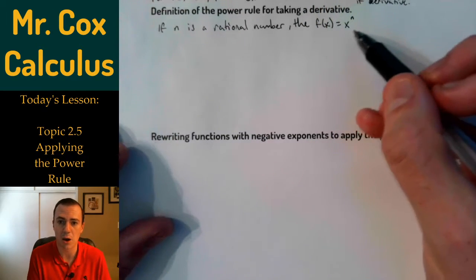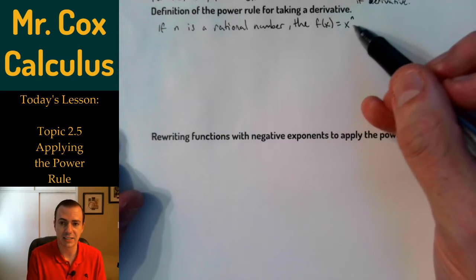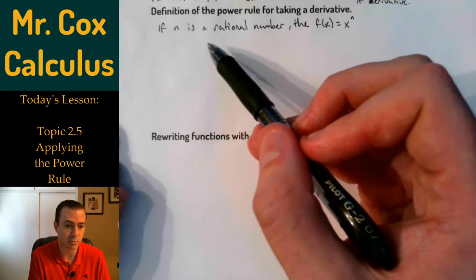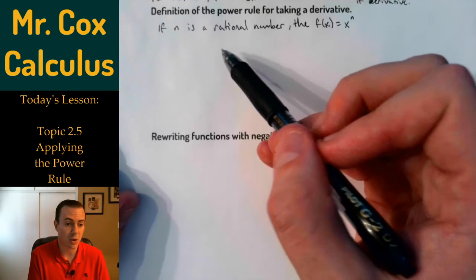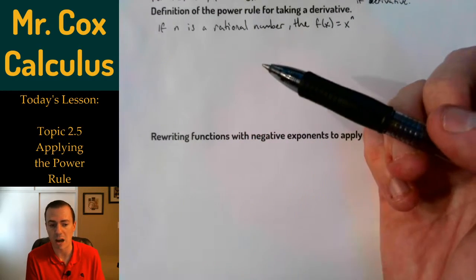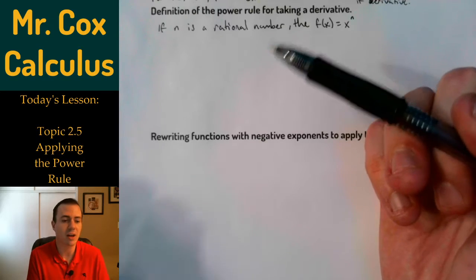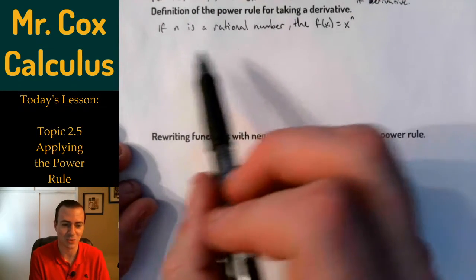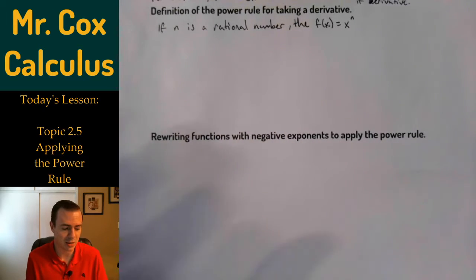So here's our power function. X is being raised to some power, and the power just has to be a rational number. So n can be negative, n can be a fraction, it can be an integer value. We actually get a lot of power out of the fact that n just has to be a rational number here, that it doesn't have to just be an integer.